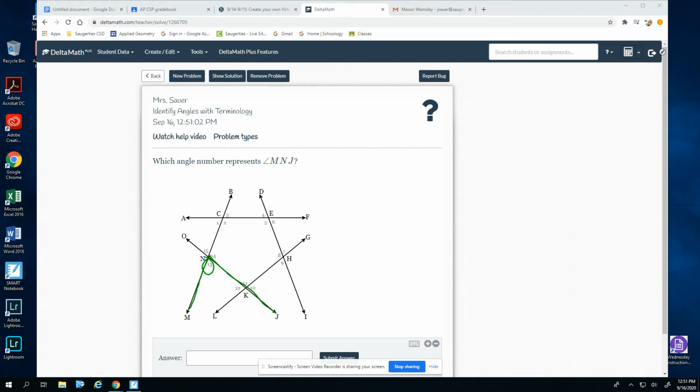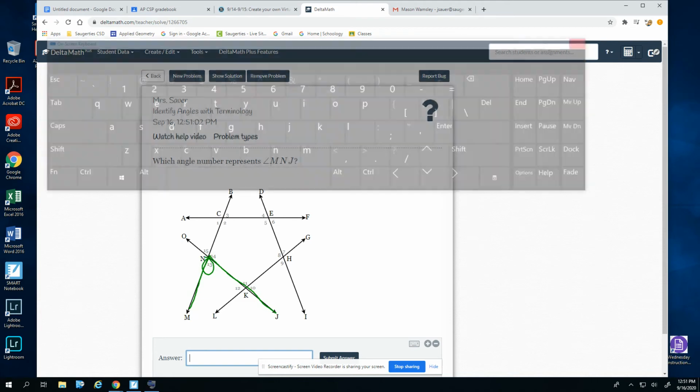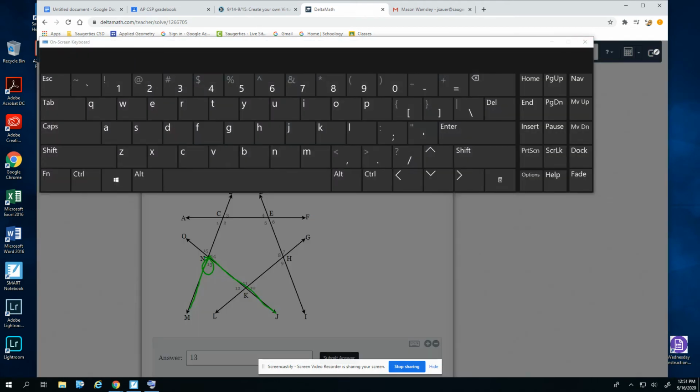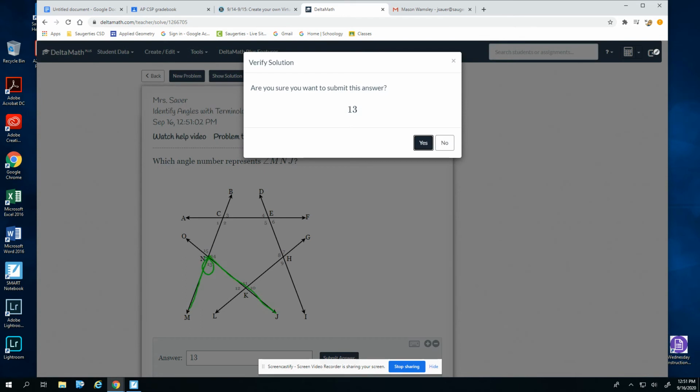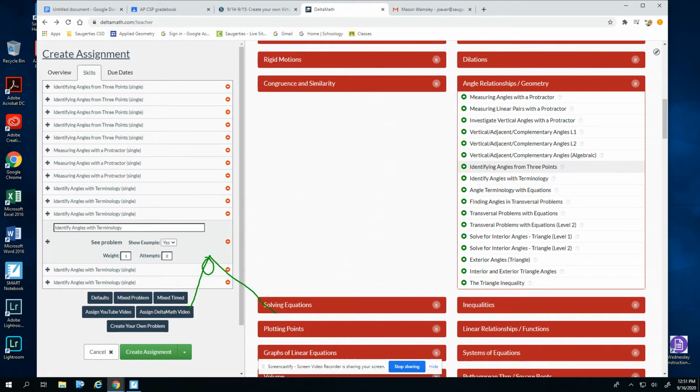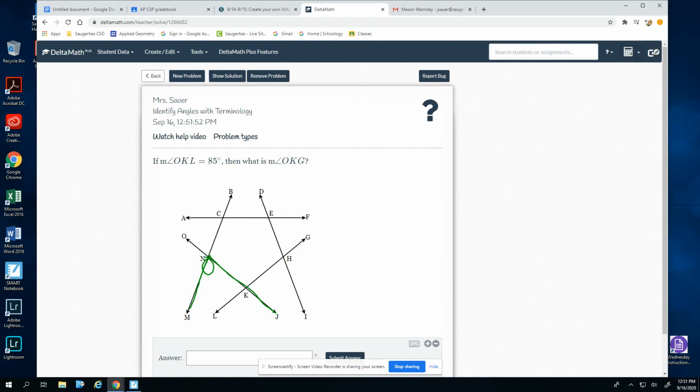It's a little hard to read, but we'll put this in. Submit it. So that looks good. So we could also have to identify angles, right? Just find them on the graph, kind of like we did that before on another assignment. So this one now.